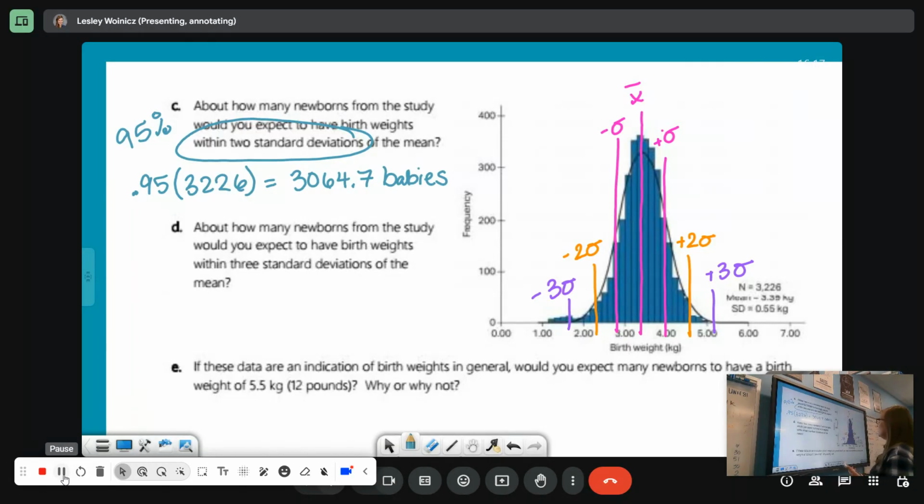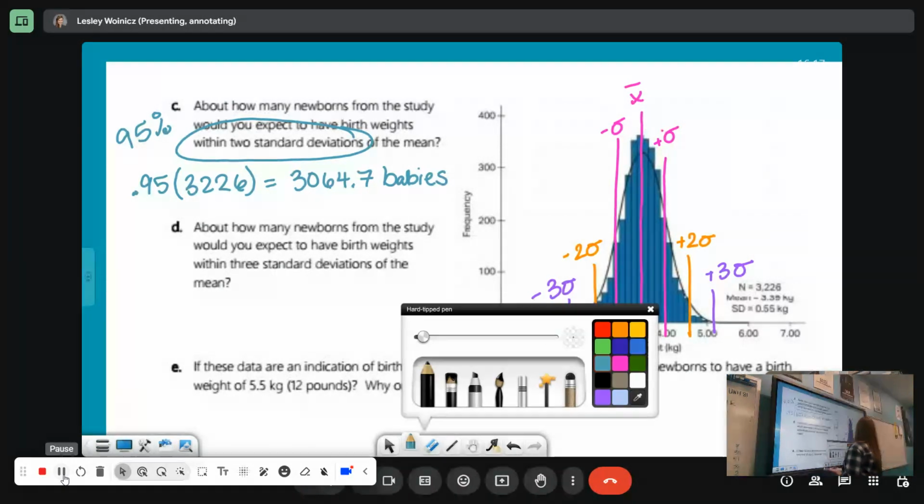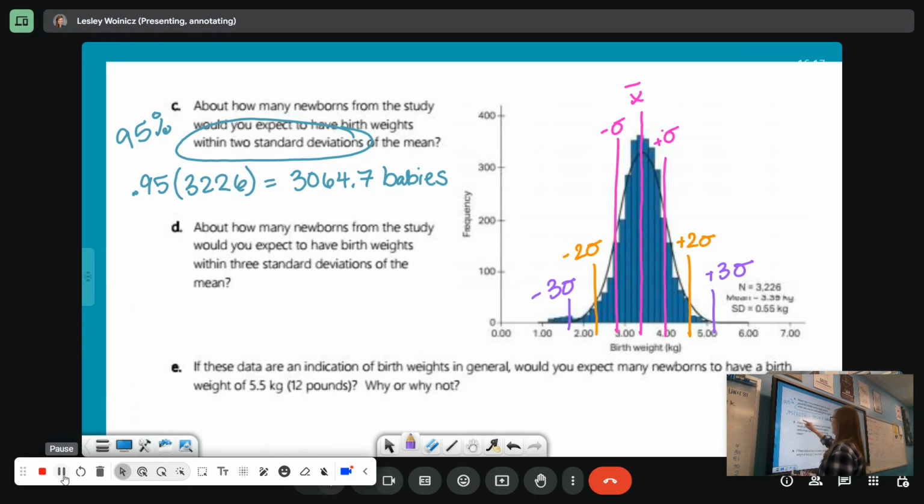Okay, about how many newborns from the study would you expect to have birth weights within 3 standard deviations? So my 3 standard deviations, according to my empirical rule, is 99.7, not 0.6, sorry about the typo. So I'm doing 0.997 times my total babies, 3,226.